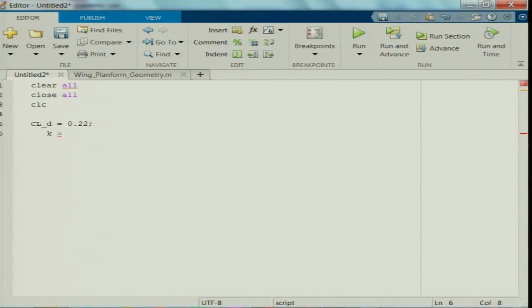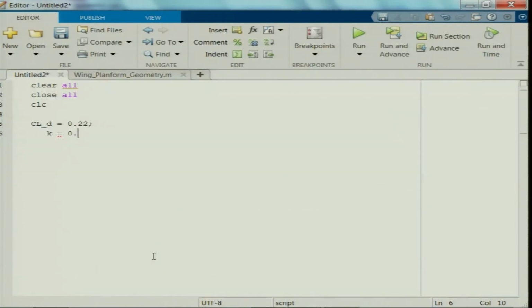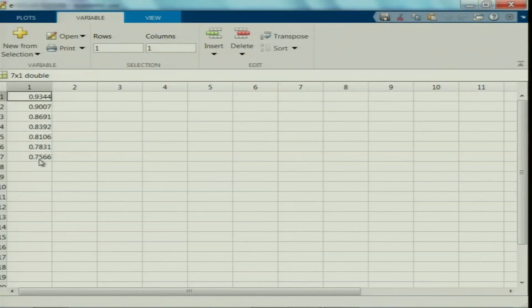So, the value of K for this particular aspect ratio and CL. For aspect ratio 10, the value of K is, so the 7th value is 0.0421. So, the value of K is 0.0421, right, and otherwise, since aspect ratio is 10, we can also do it this way: aspect ratio is 10 and Ostwald's efficiency factor for this aspect ratio is 0.7566, 0.76.